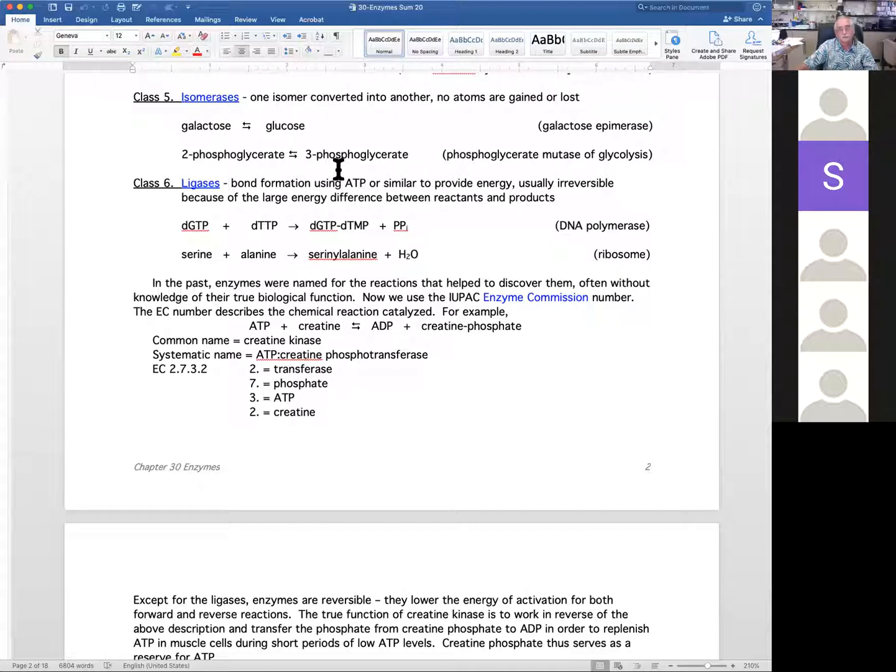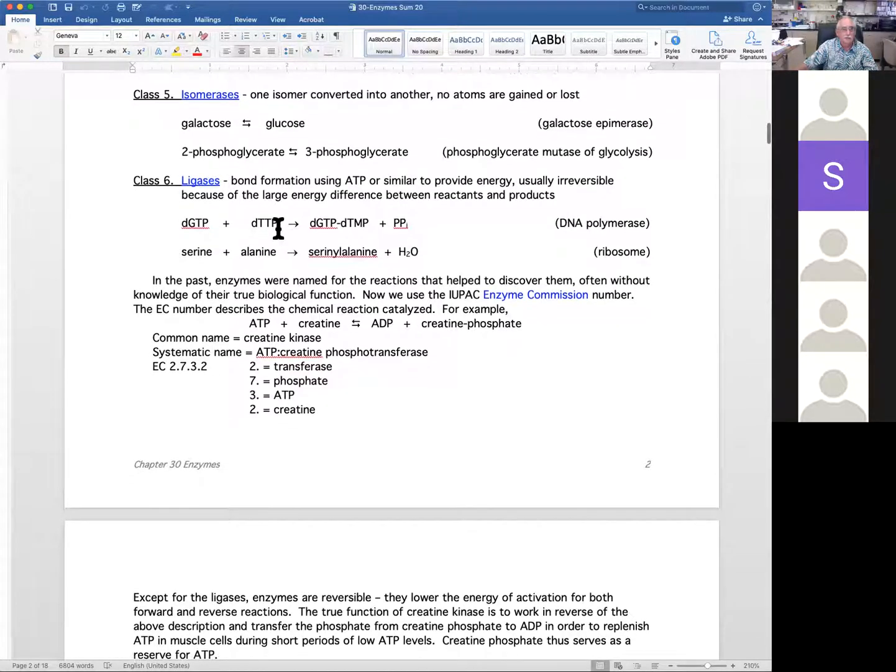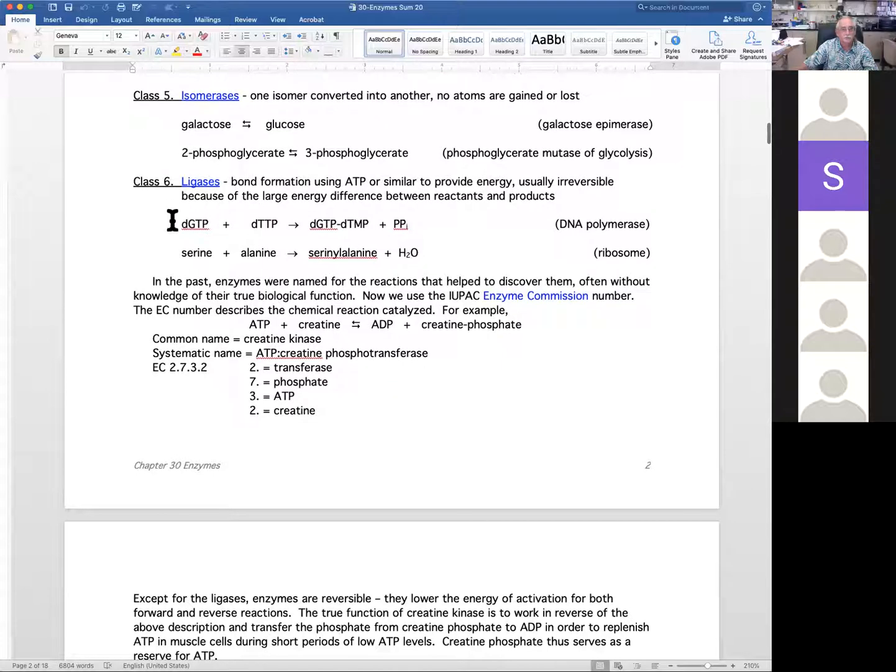Then ligases is the one that involves large amounts of energy. So you will see lots of triphosphates involved in this. Okay. So notice that all these over here are two directional.